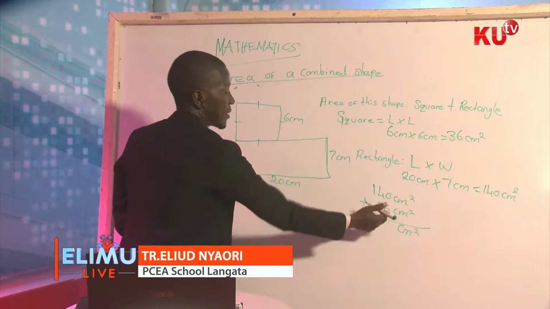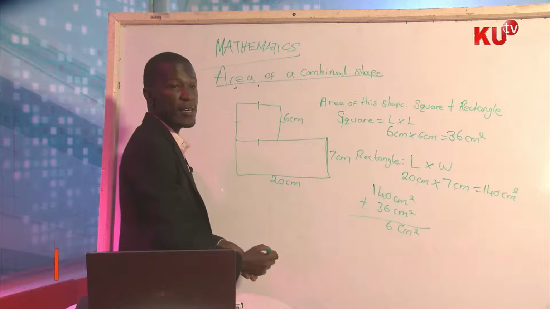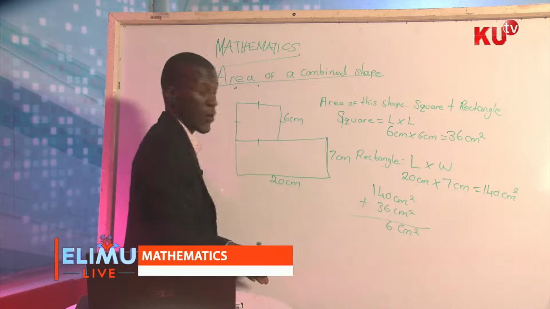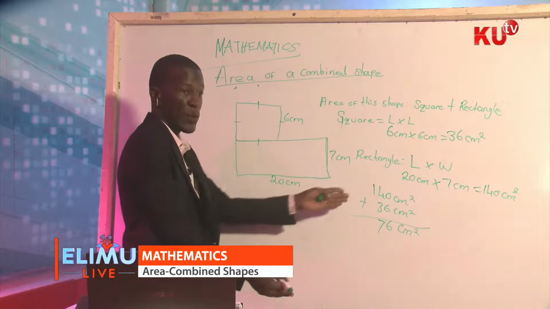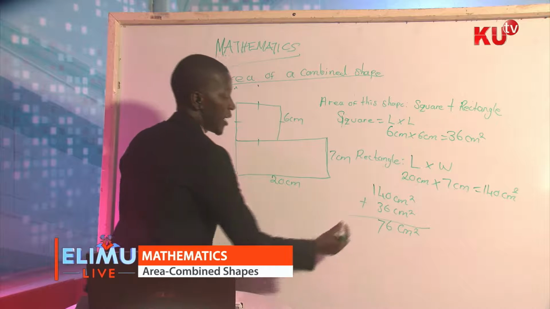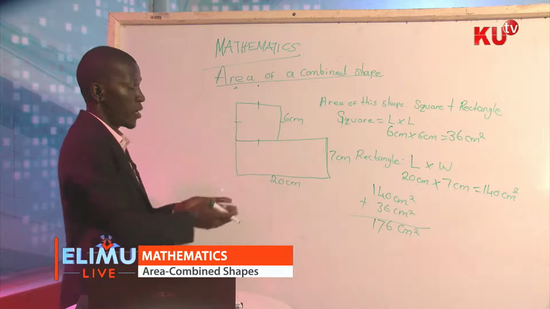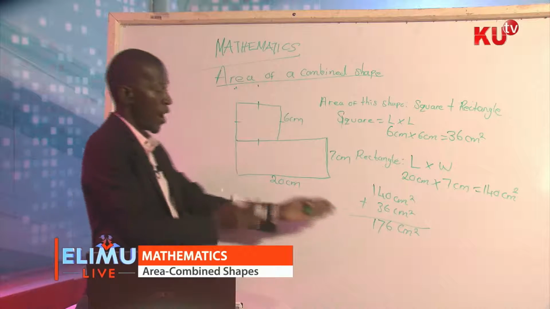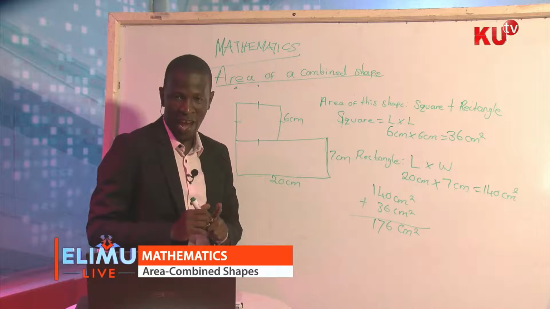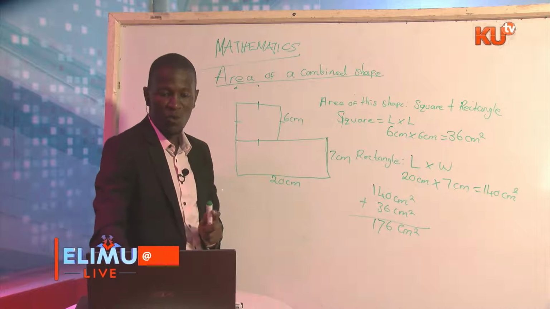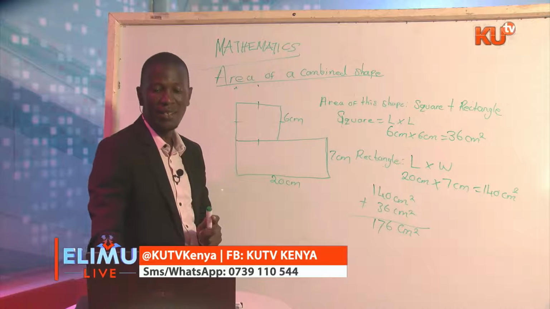Then 0 plus 6, we get 6. 4 plus 3, we get 7. Then 1 plus nothing, because there is nothing down here, we get 1. So the area of this shape is equal to 176 centimeters squared.